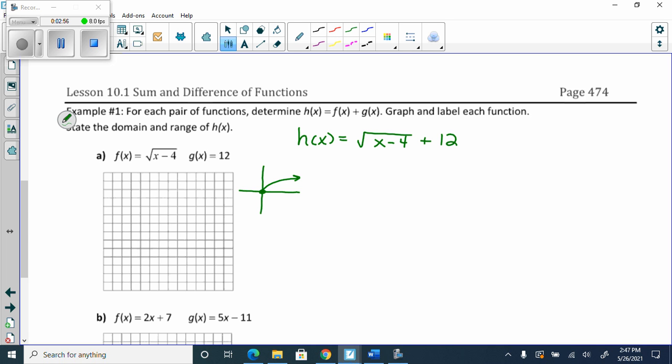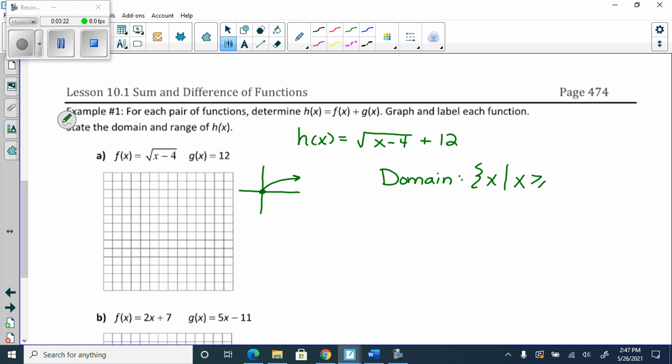And remember, our domain and range are both greater than or equal to our horizontal and vertical translations unless we have a reflection. Are there any reflections on here? Is there a negative here? No. Is there a negative here? No. So I know my domain is going to be x such that x is greater than or equal to 4, because I moved 4 to the right.